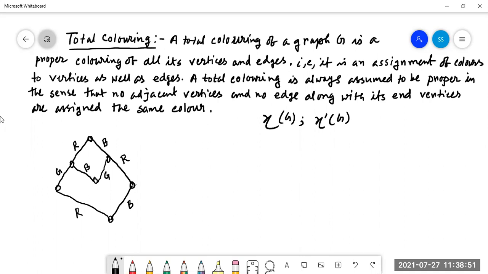So this edge is red, then blue, then red. Blue, red, green are incident. Blue, red, green again incident. Then red, green, blue incident, then green, red, blue incident, then red and blue incident. So no two adjacent edges are in the same color.